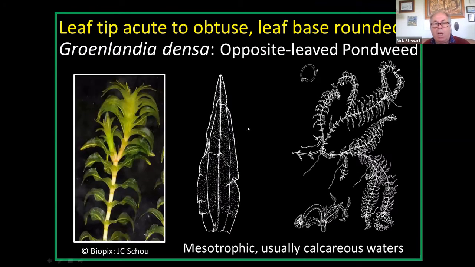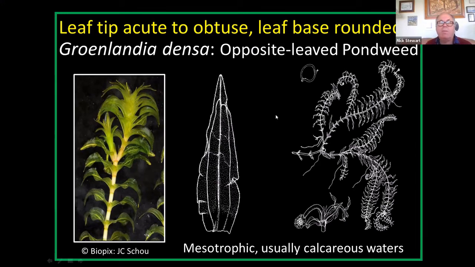Now, in fact, when I gave this talk previously, I had this only as being an acute-leaved species, but I have since had a bit more opportunity to look at the opposite-leaved pondweed. And although superficially the leaf looks as though it's quite acute tipped, when you look closely at the tips, you'll usually find that it's actually quite a rounded tip.